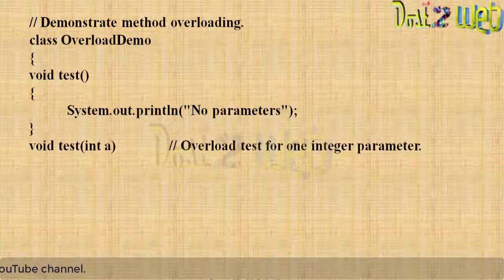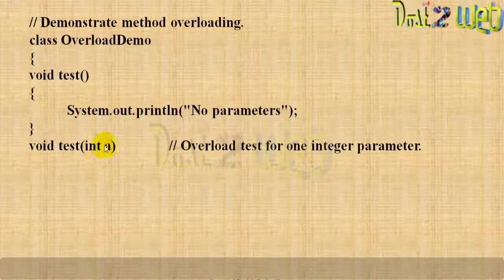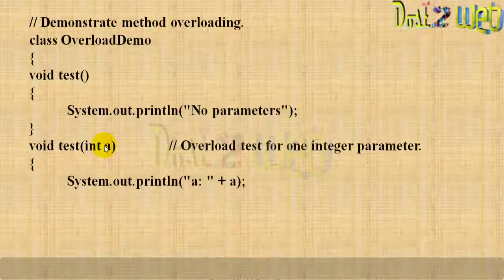For the second method, we create another method with the same name, as the definition of overloading requires. Here we pass one integer parameter, and you just print the a value.